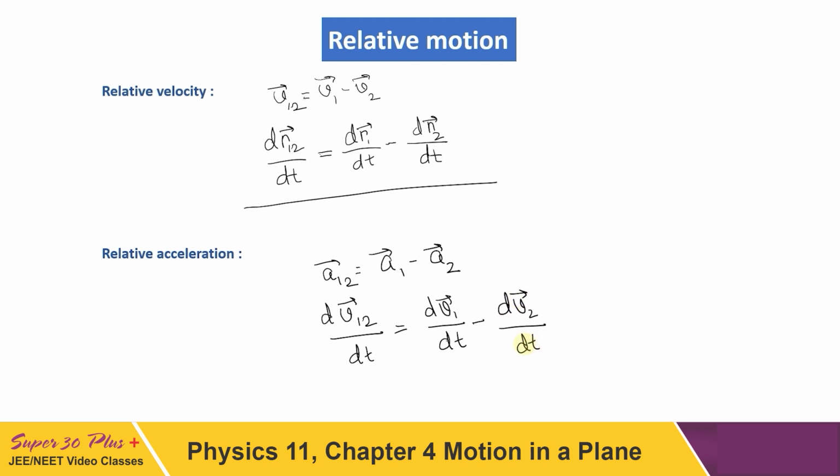Now we have to see how equations can be solved in case of two dimensions. Either it can be done with a vector diagram or in vector component form. So let us see how this relation can be used to solve a numerical problem or a given physical situation.